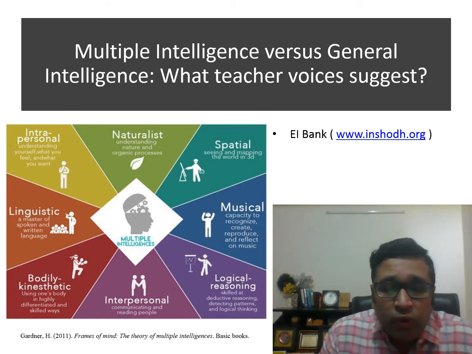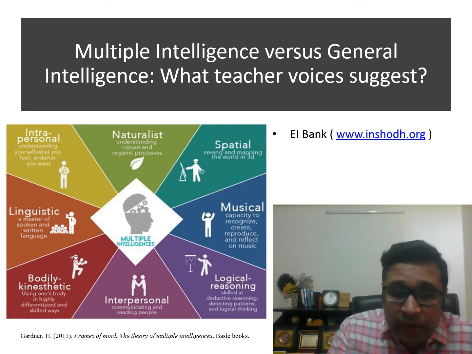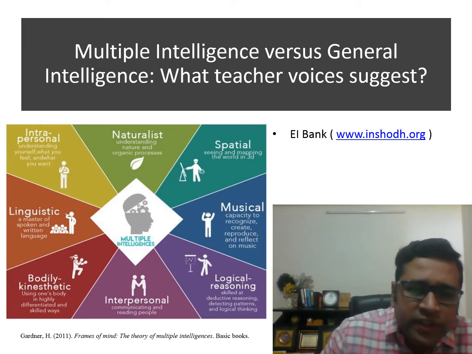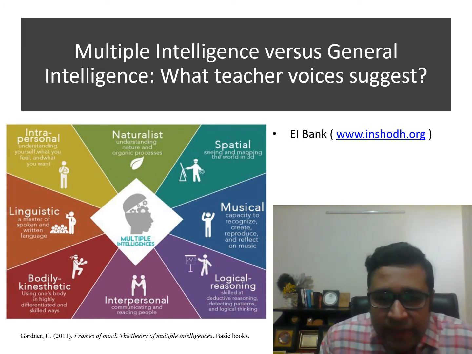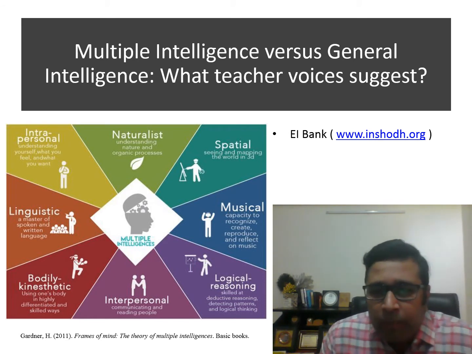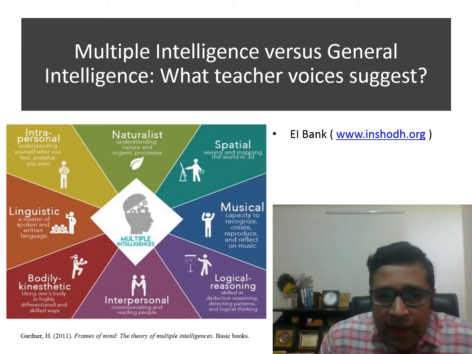One often confuses that people who have logical and reasoning abilities, skilled at deductive reasoning, deductive patterns and logical thinking, will be a good scientist. But someone who is good at identifying patterns in nature, understanding nature and organic processes, will be a different kind of scientist. So both kinds of expertise are required.